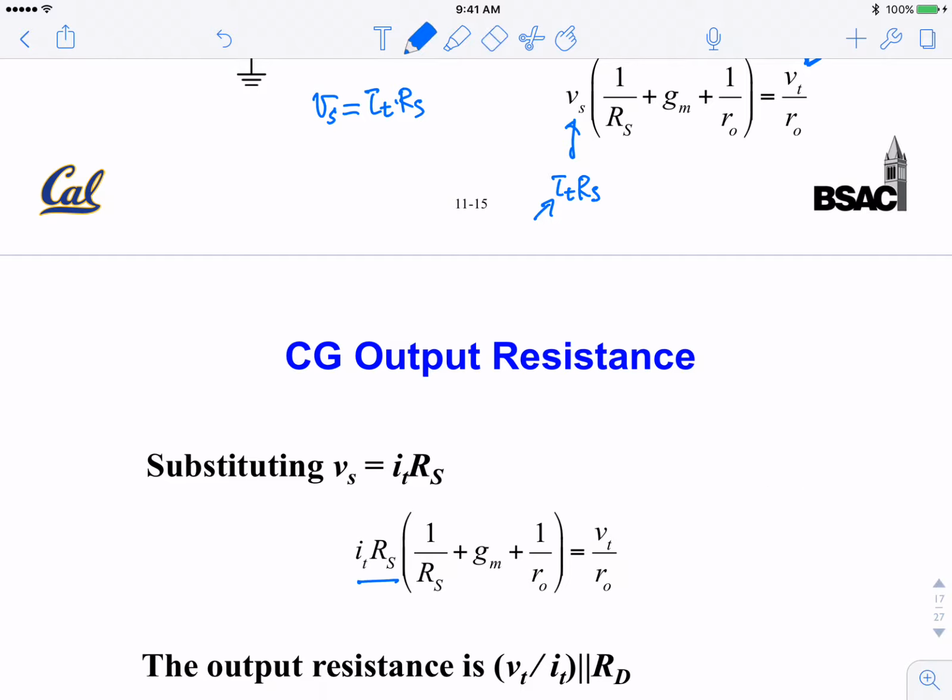Okay. So Vt is equal to IT times, we multiply both R0 and Rs. So this becomes R0 plus GM R0 Rs plus Rs, right?